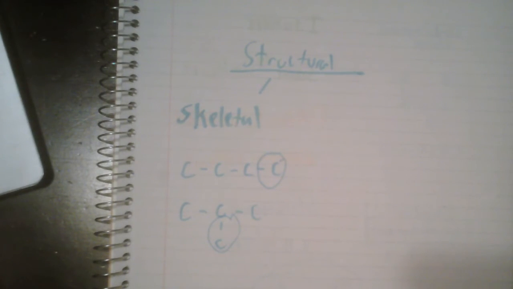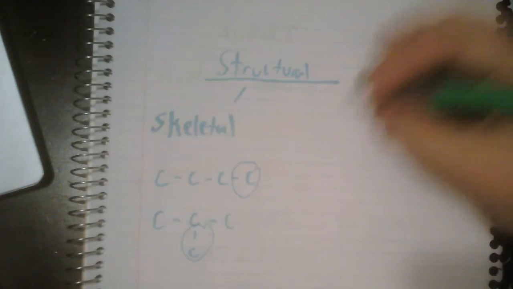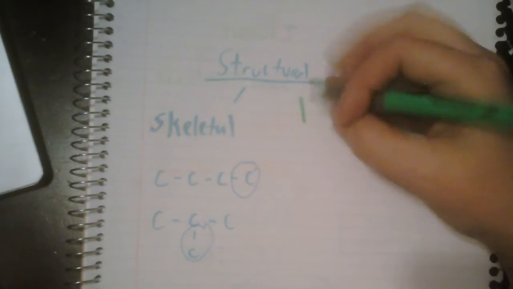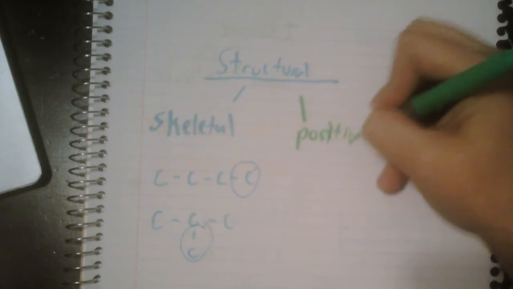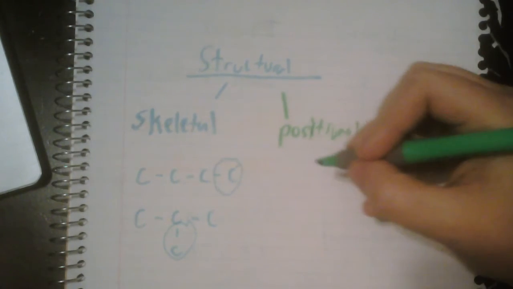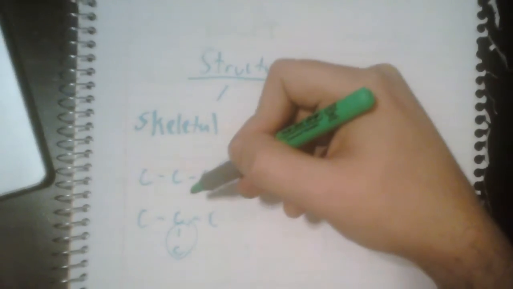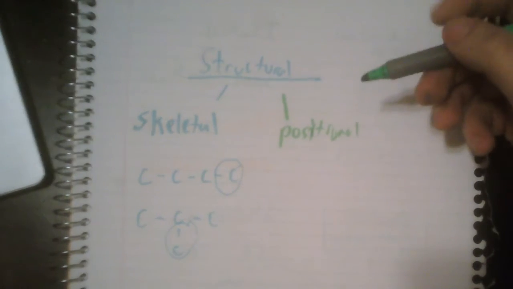Let's go over to a positional change. Now, positional is going to be moving the functional group. So it's not really going to matter with alkanes, but it will matter with things with double bonds, things with triple bonds. It's also going to matter for things with alcohols and stuff like that.